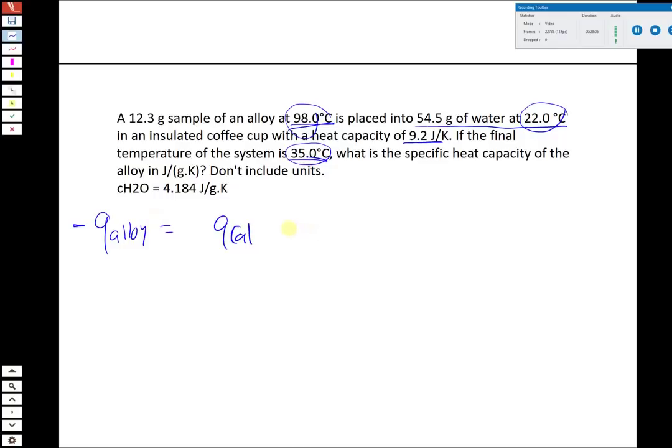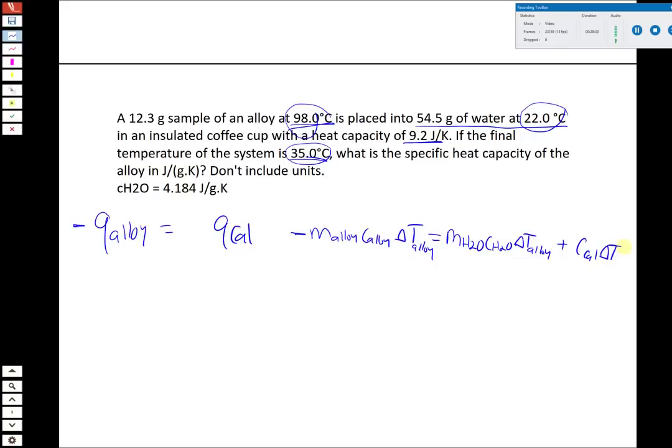Writing these out, the heat for the alloy is just equal to mc delta T. So the mass of the alloy times its heat capacity times delta T, with a negative sign in front of it, is equal to, for the calorimeter, the mass of the water in the calorimeter times the heat capacity of the water times delta T for the calorimeter. The delta Ts won't be the same; one will be positive, one will be negative. Then we also have the heat capacity of the calorimeter itself times delta T.